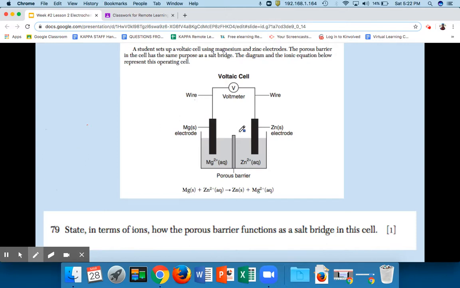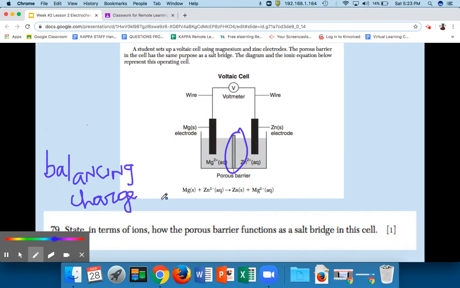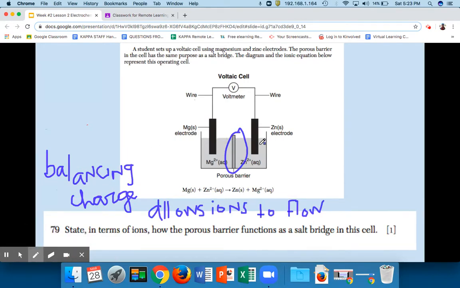Our salt bridge is responsible for balancing charge by allowing ions to move freely. So remember that it prevents the buildup of charge, which would ultimately stop the cell from working. So the ions are allowed to move freely through here so that it can balance out the charge and continue working.